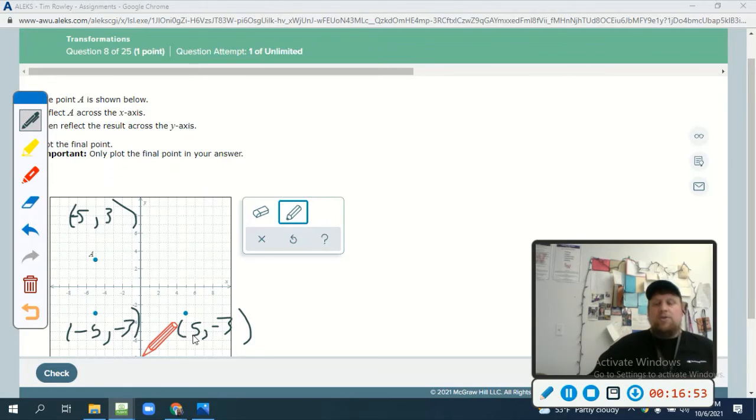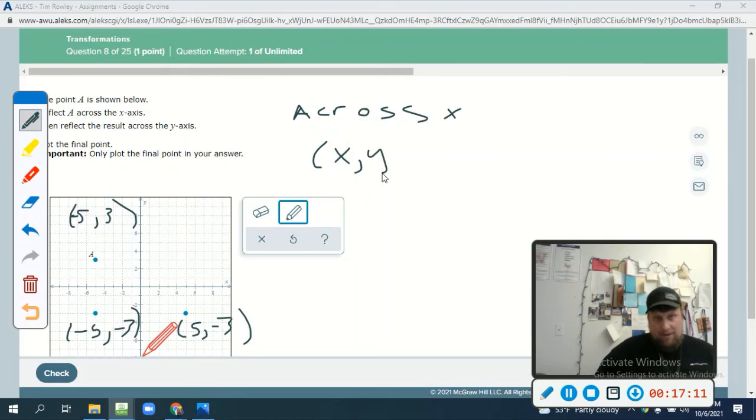So one thing that's good to note is when we're reflecting across the x, what does it do? It takes an x, y point and changes it to x, negative y.